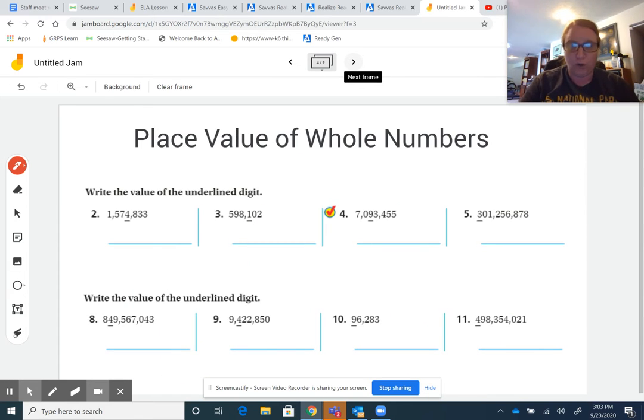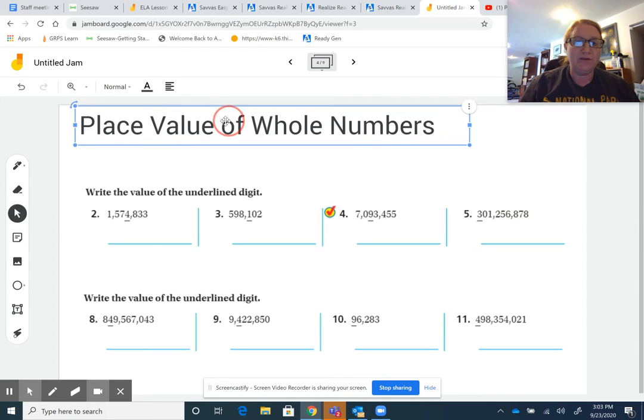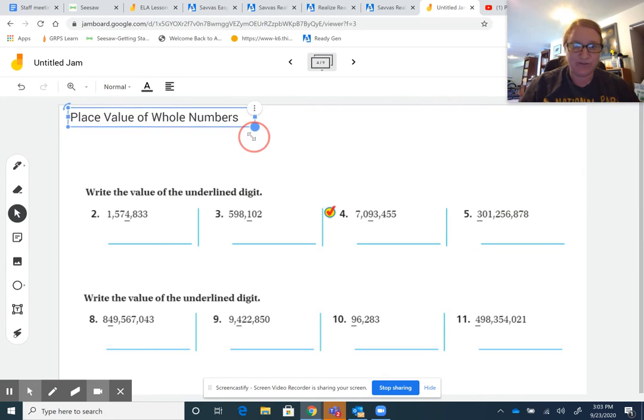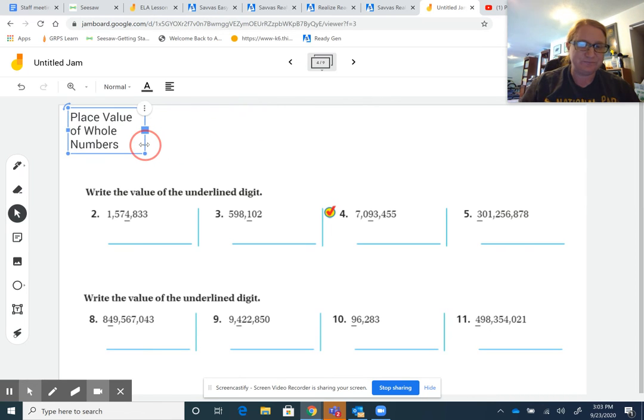Place value whole number digits. So what you want for this one is you want to try to remember all of your place values. So if I did a quick place value chart, I could do, let's go up to millions.